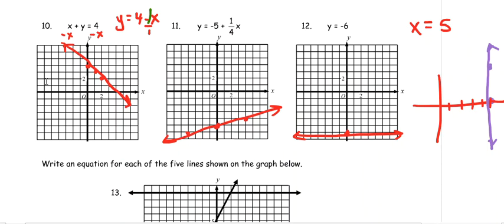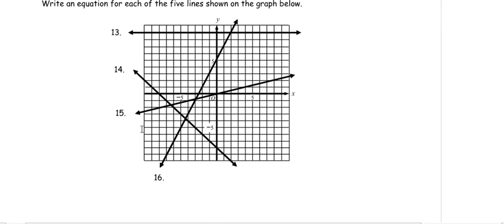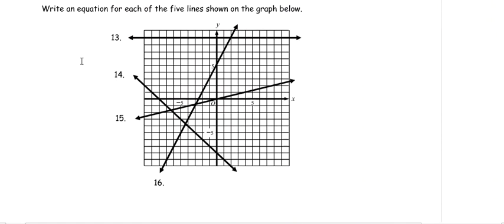In the last set of problems down here, you're asked to write an equation for each of the 5 lines shown in the graph below. So what I would do is, once again, find your slope and your y-intercept every single time. Every time. So number 13 is this one.